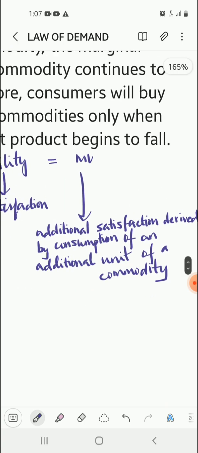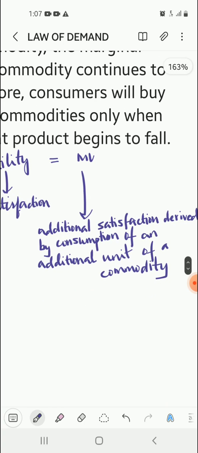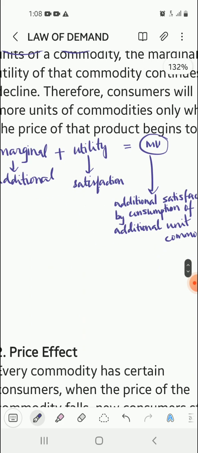You see, the additional satisfaction that we derive by consumption of an additional unit of a commodity is what is termed as MU, that is marginal utility, where M means marginal, that is additional, and U means utility.